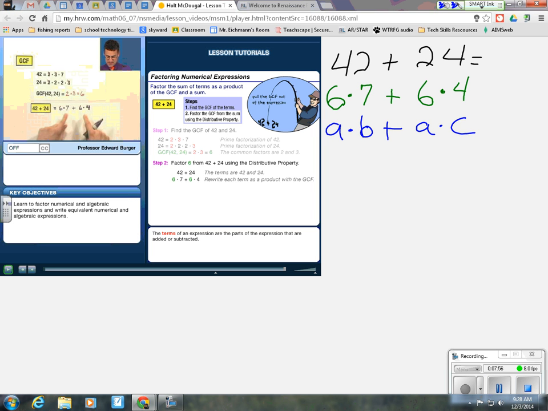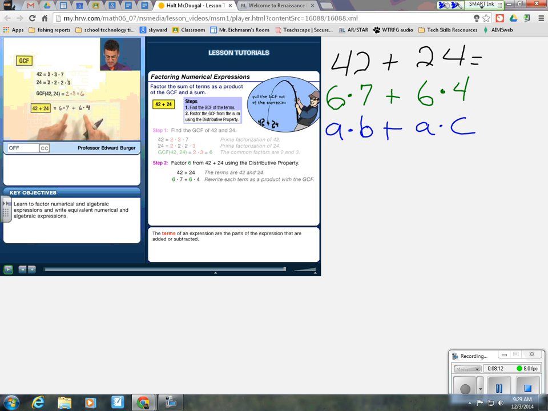In this situation, A represents the number 6. What does B represent? 7. And what does C represent? 4.